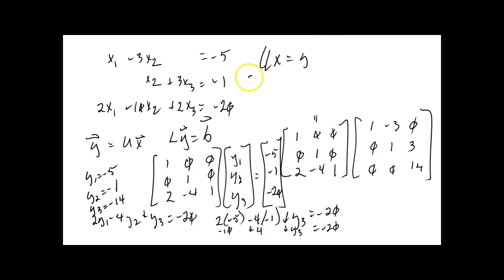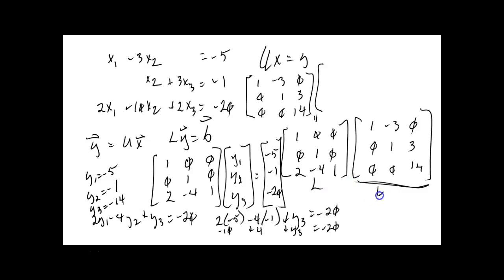Let me write it here. 1, -3, 0, 0, 1, 3, 0, 0, 14. 14 looks suspicious, doesn't it? What's that? We did it last time. No, that was 14. This is from our example 6. No, this is upper triangular matrix.